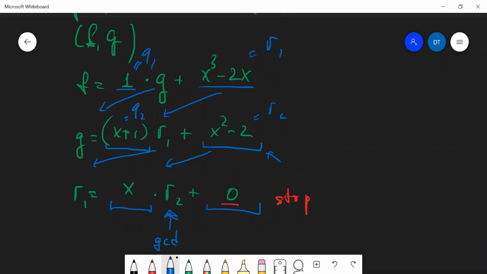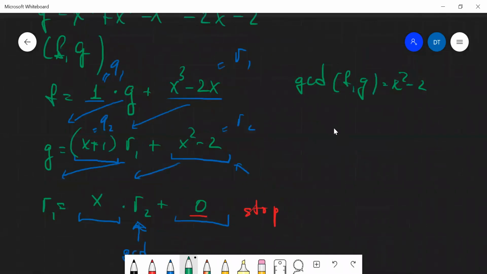So the GCD of f and g is x squared minus 2. Now let's discuss how to get the representation of the GCD in terms of u f plus v g. Do you have any idea how to do this?